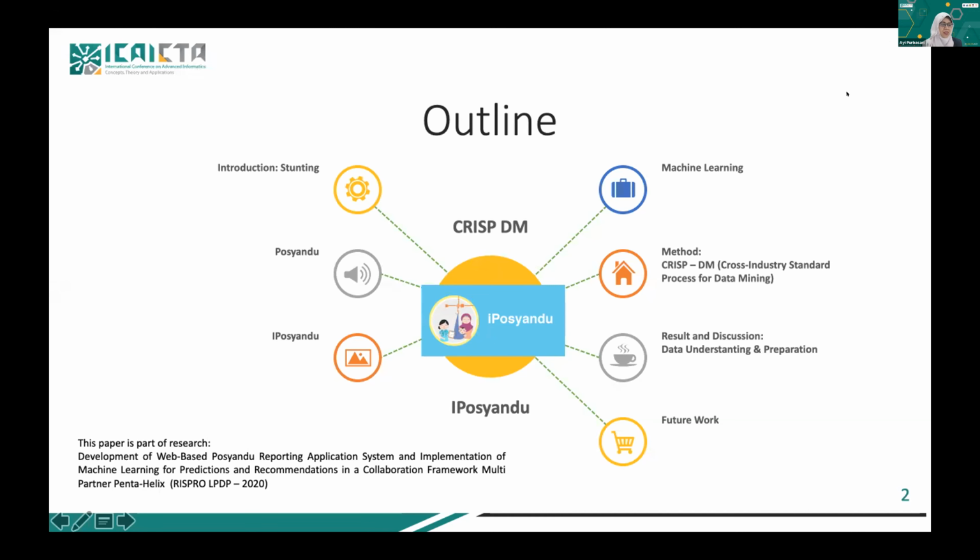Yeah, since the morning we talk about machine learning, and then I will introduce CRISP-DM that we use in this research. There are results and discussion, especially about the parts of CRISP-DM, which are data understanding and preparation. And then we will discuss opportunities for future work.